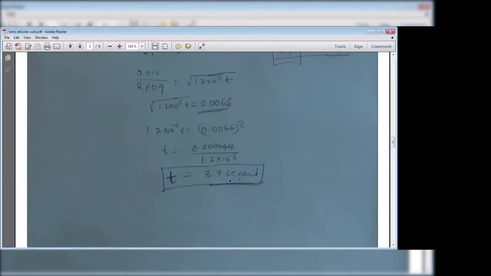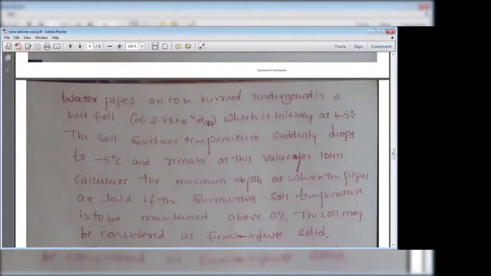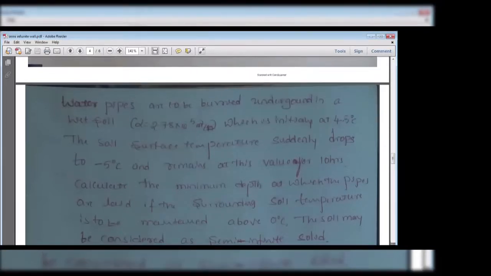Okay, we'll solve the next one. What are the applications of the semi-infinite body?